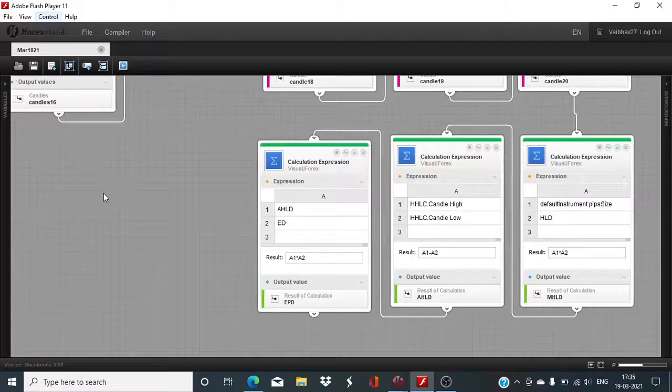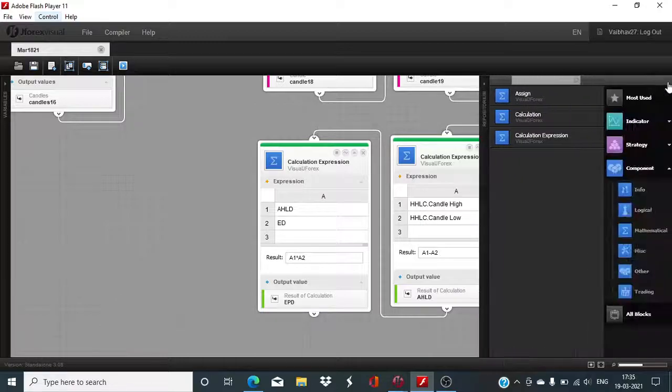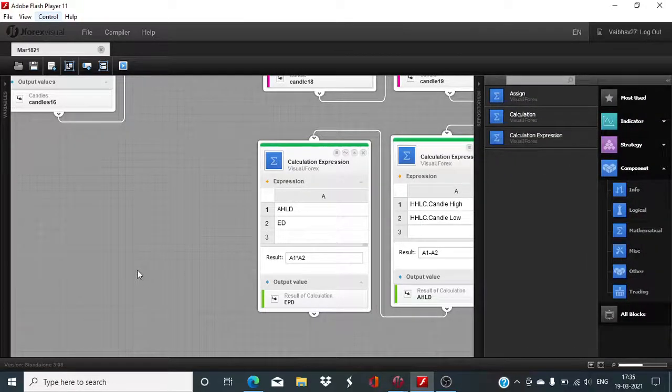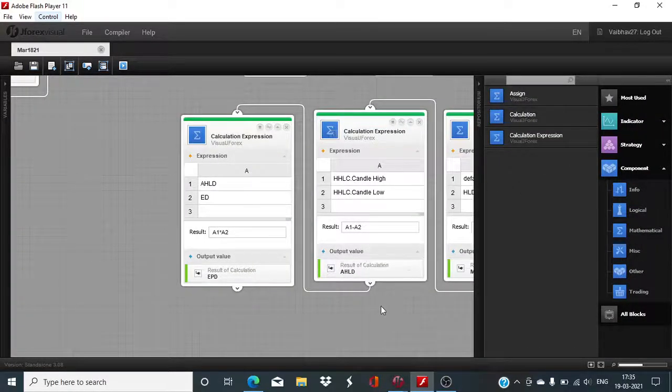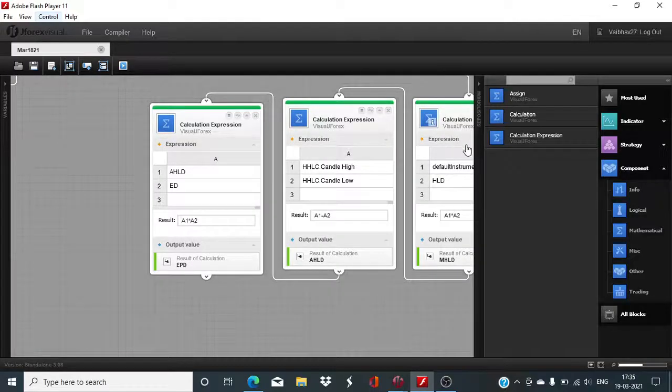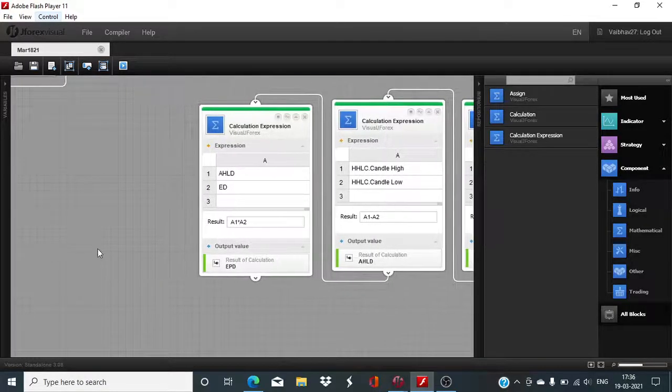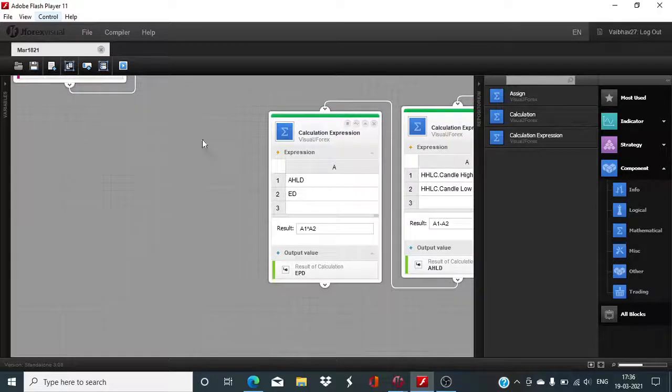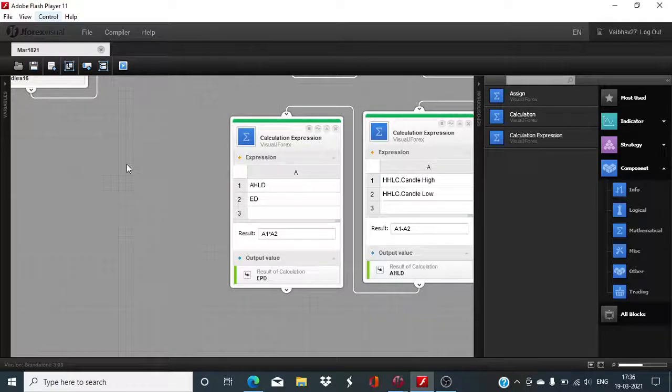Now we will have to get multiple action. For the time being, we will start adding the buy side blocks, but I think afterwards we will have to come back and add a couple more calculation and expression blocks for the order validity, as well as if we want to keep the stop loss and target price variable, then also we will need some calculations.